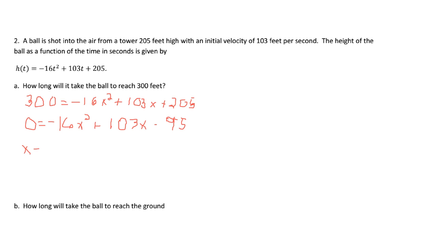So x is going to equal negative 103 plus or minus the square root of 103 squared minus 4 times negative 16 times negative 95, all over 2 times negative 16, which is negative 32.